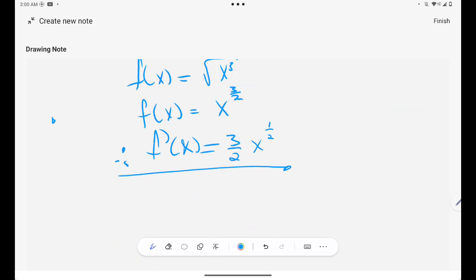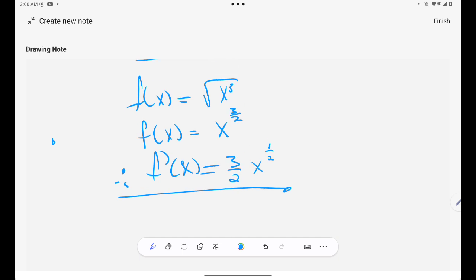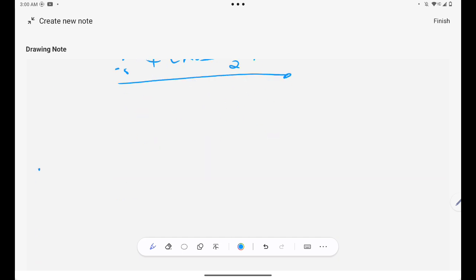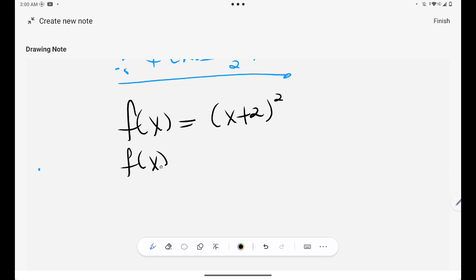Are you together? And then whenever I have brackets, if f of x is equal to this, I need to remove the brackets first. Are you together? So I'll simply say f of x is equal to x squared plus 4x plus 4.